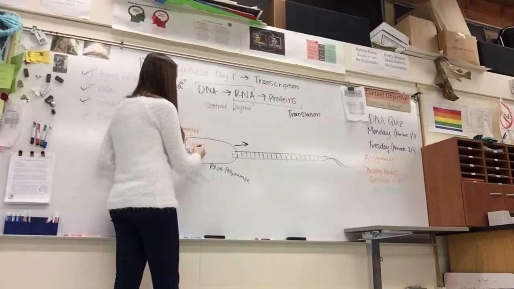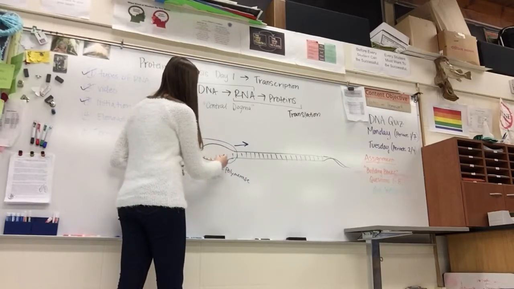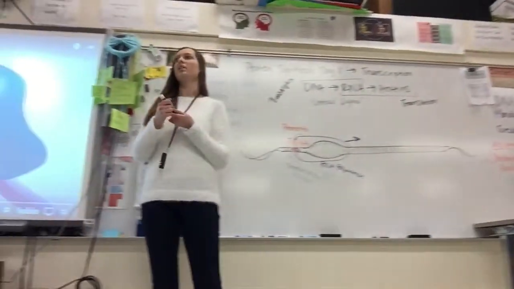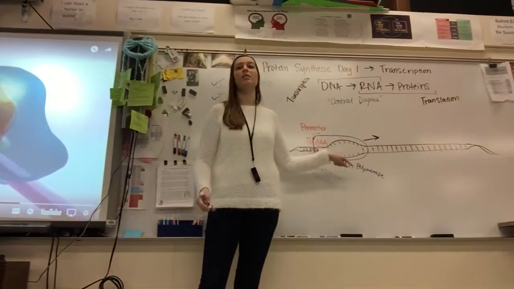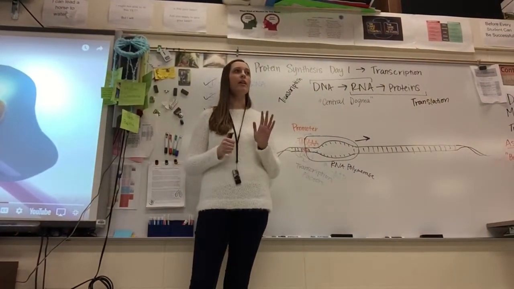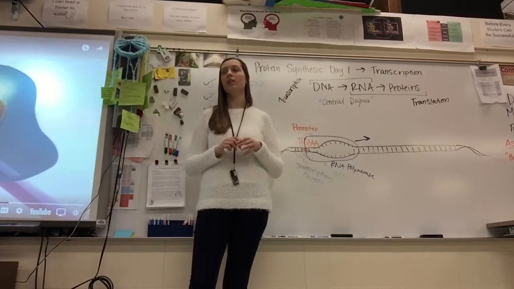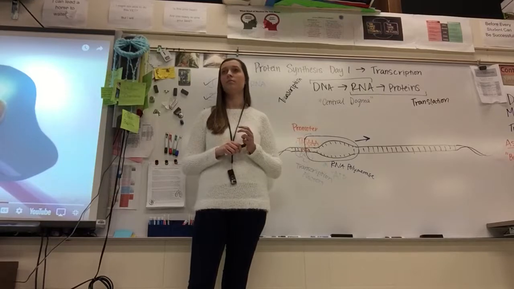And inside the RNA polymerase, it's going to unzip it a little bit. Just a little bit. And if you'll notice, it's all held within the enzyme. So we don't have any area that's unzipped outside of the enzyme that could have mutations happening. It's all within the same RNA polymerase.